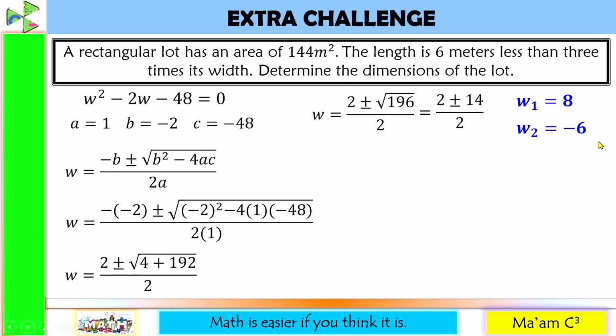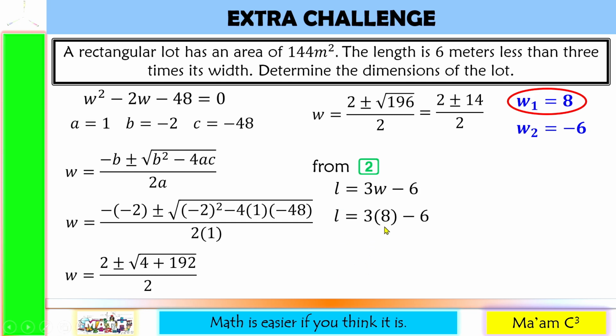We do not have a negative length or width. Therefore, the value that we are going to choose is this one. From equation 2, which is L equals 3W minus 6, we can now substitute 8 for W, so we could solve for L. 3 times 8 is 24, and 24 minus 6 is equal to 18.